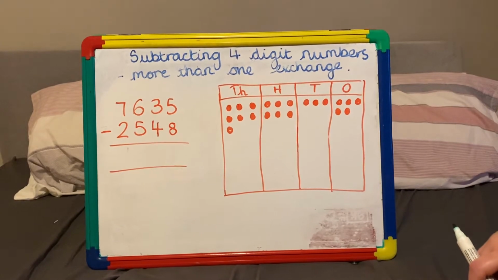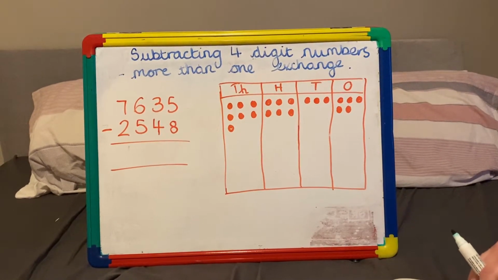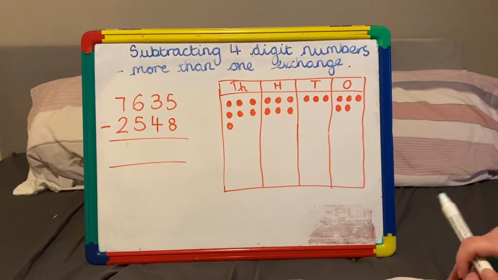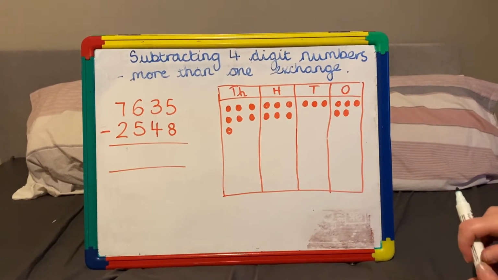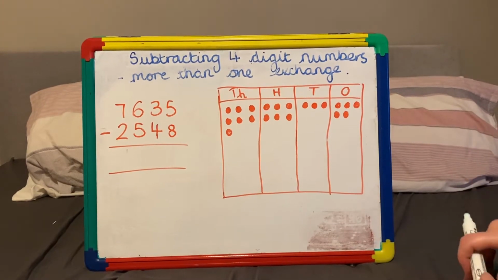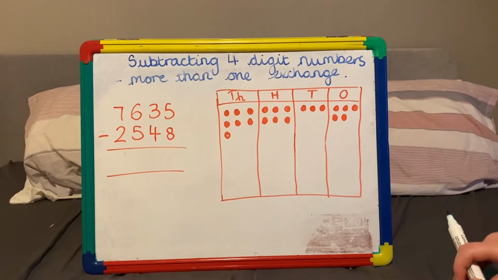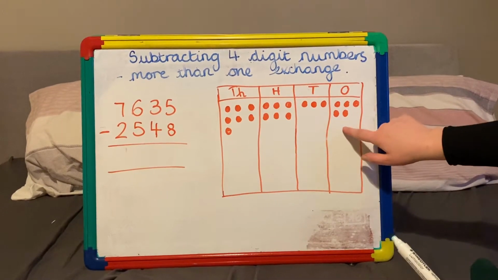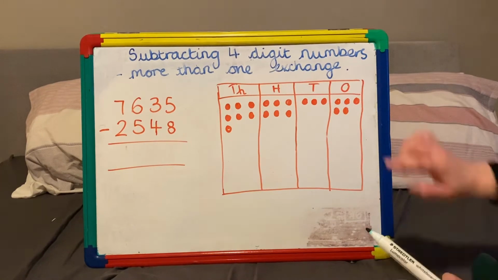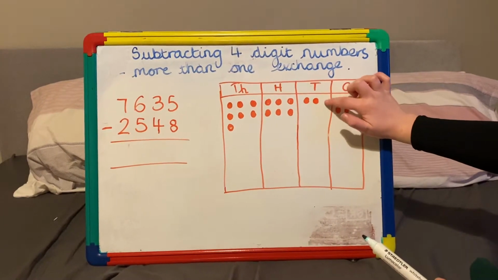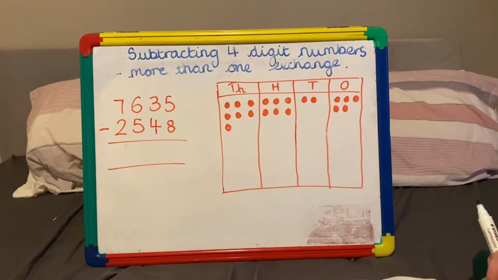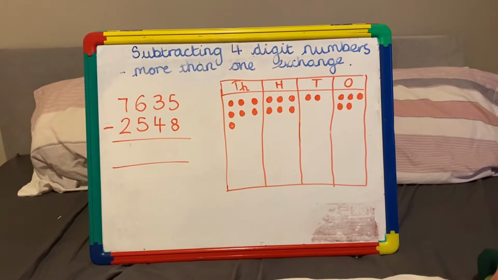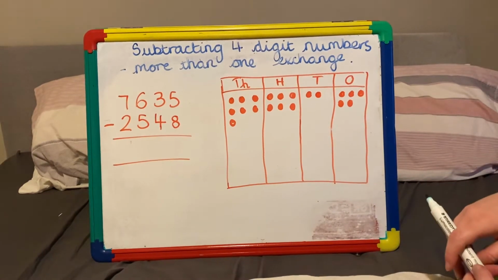So remember, when we are exchanging, we need to take from the next column in the place value chart, the higher column, and exchange it for the equivalent counters in the column we are in. So we are in the ones column, which means we're going to have to take from the tens column. So if I take away one of these tens counters, I need to now exchange it, swap it for the equal amount in the ones column.